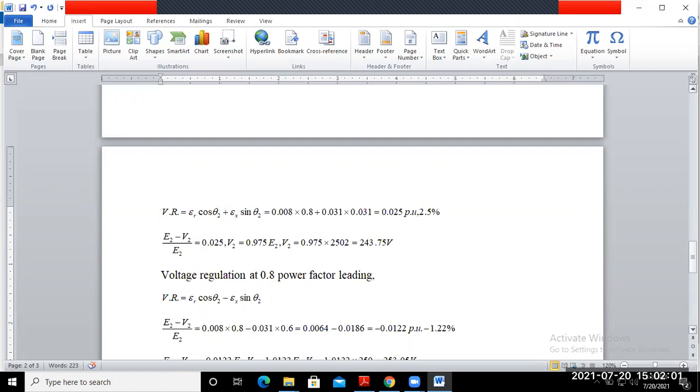The same formula is for leading power factor, but instead of positive, it is negative, that means epsilon r cos theta 2 minus epsilon x sin theta 2. So similarly, just put the value of epsilon r and epsilon x, that means per unit resistance and per unit leakage reactance, and then you solve problems based on this.